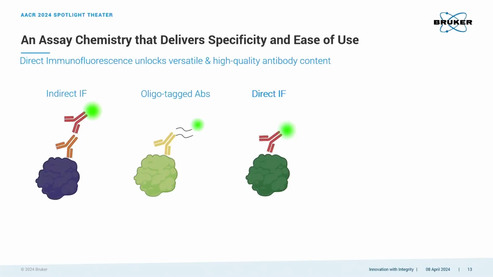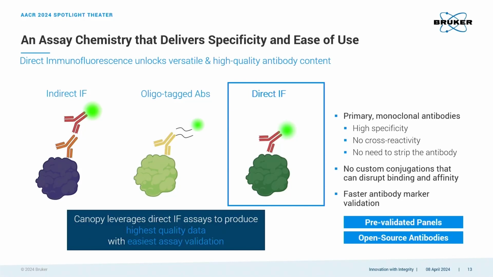So what enables us to build these VistaPlex panels, I would say easily and relatively fast, is that we exploit direct immunofluorescence as our primary means of staining tissues. In direct immunofluorescence, you have an antibody that carries a fluorophore already. Many of you may already be using these antibodies in histology applications or flow.